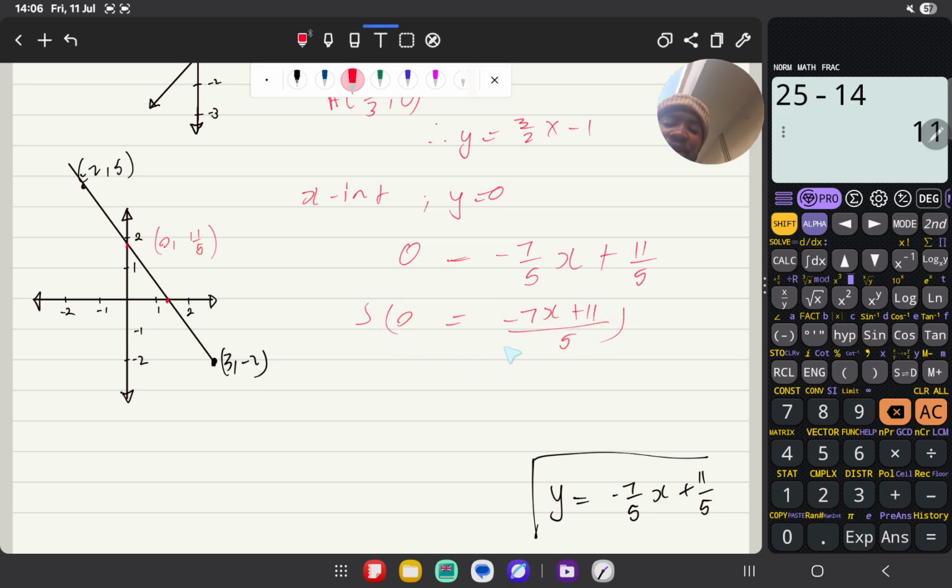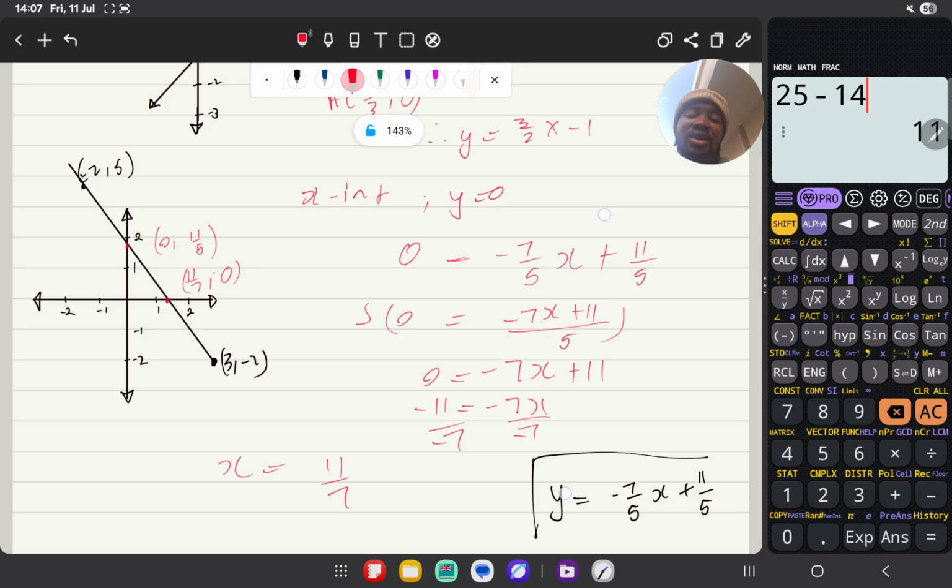You multiply by 5, so you have 0 equals minus 7x plus 11, so 11 equals 7x, and therefore x is going to be, we divide by 7, in fact minus 7, so you have 11 over 7. So here you have 11 over 7 and 0. You see how it's done?